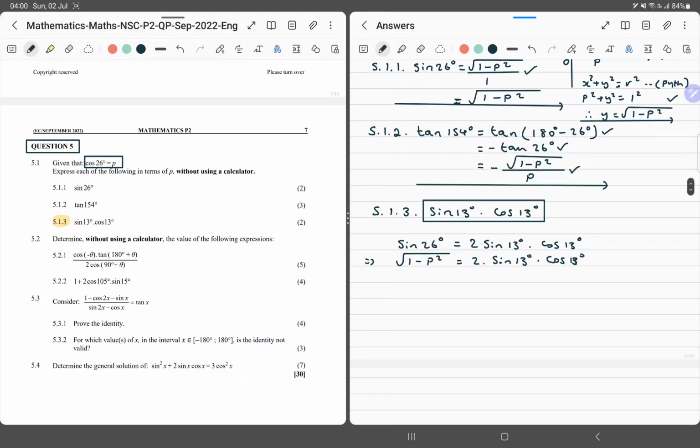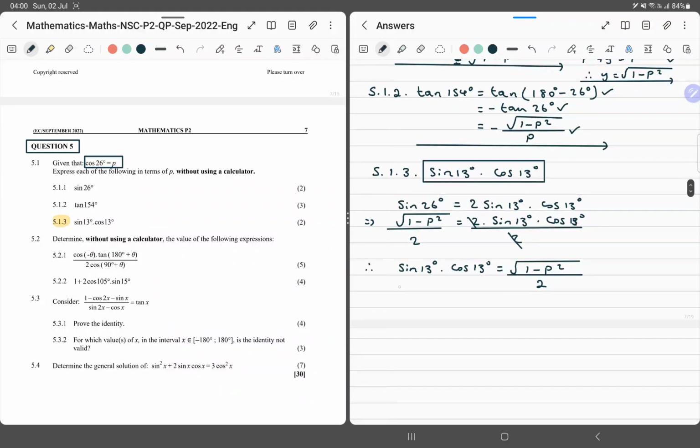So we divide by 2 throughout, and therefore sine 13 degrees times cos 13 degrees is equal to the square root of 1 minus p squared all over 2.